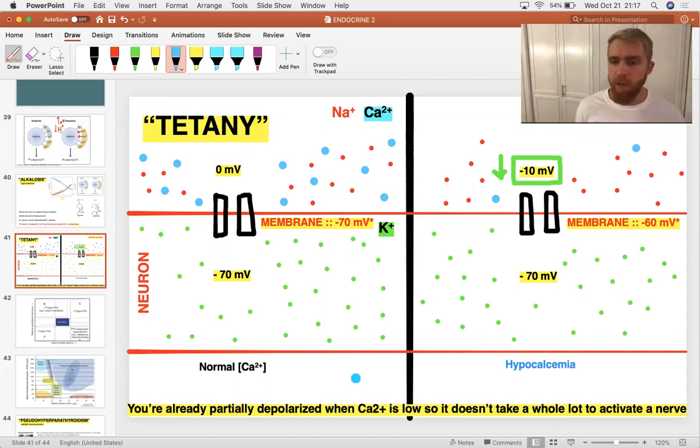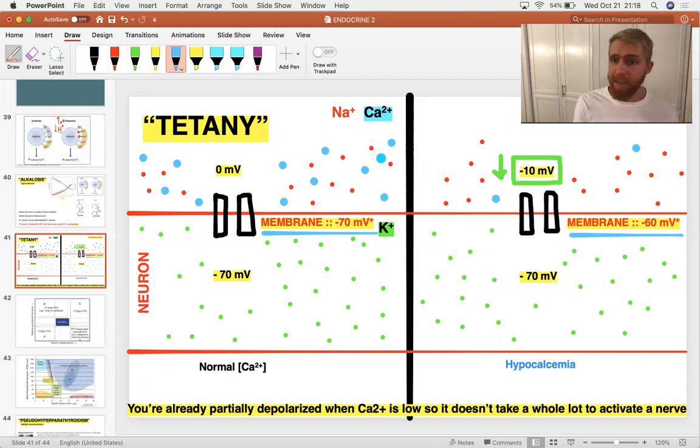And the reason for that is because the membrane potential in a hypocalcemic cell over here on the right side of the screen is lower than the membrane potential of a cell that has a normal level of calcium on the outside. So calcium is a cation, and so that contributes to a positive charge in the extracellular fluid, and that raises the voltage of the extracellular fluid.